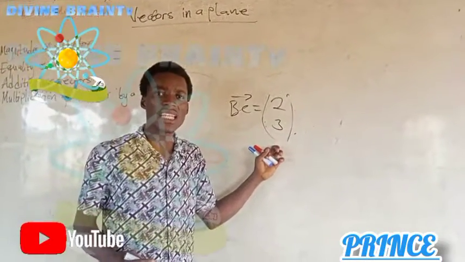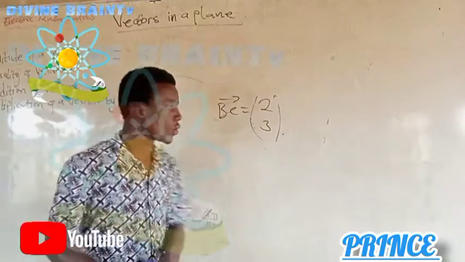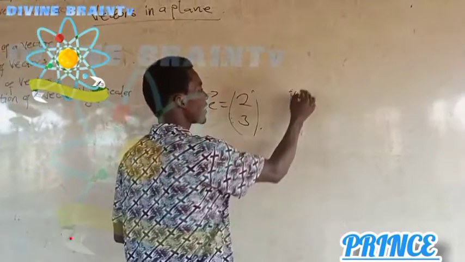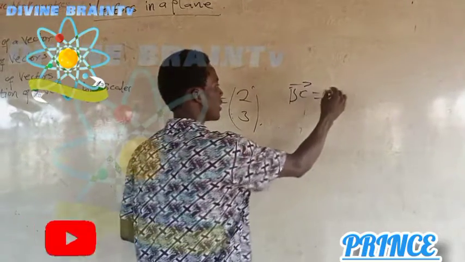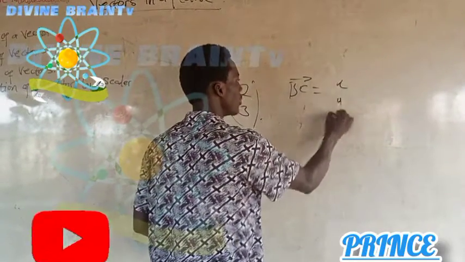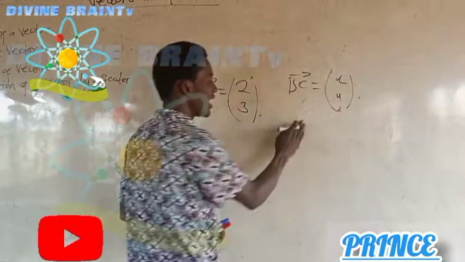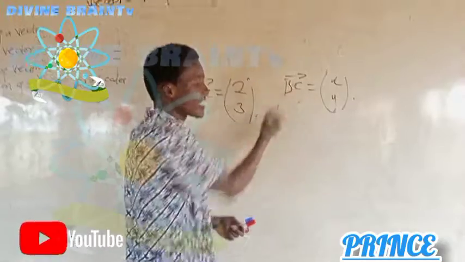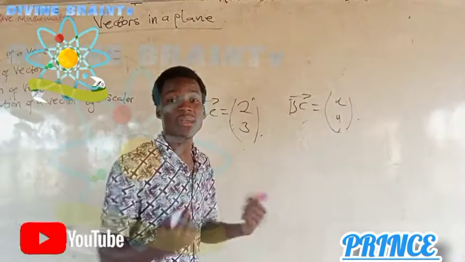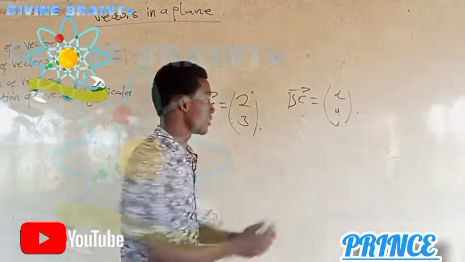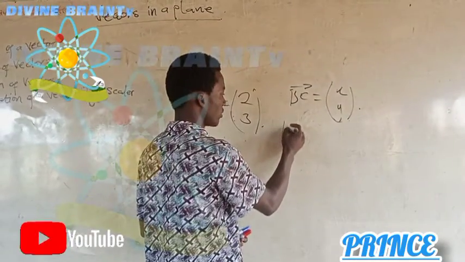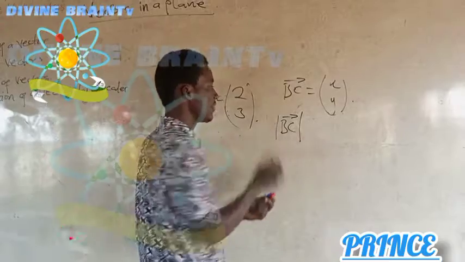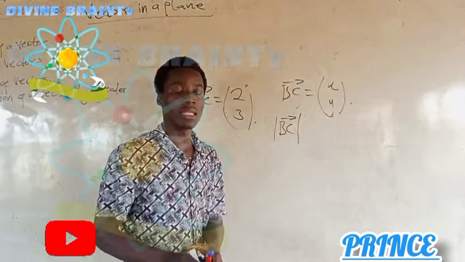This is how the formula goes: when I have vector BC with x and y components, and I've been asked to find the magnitude of this vector BC, this is how you denote it. You just bring two vertical lines, and then the vector BC in the middle.